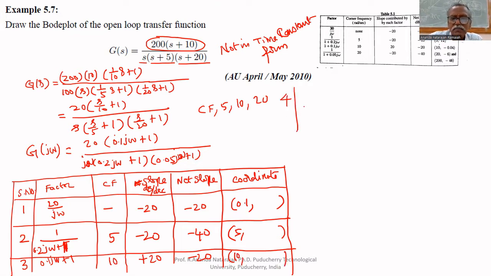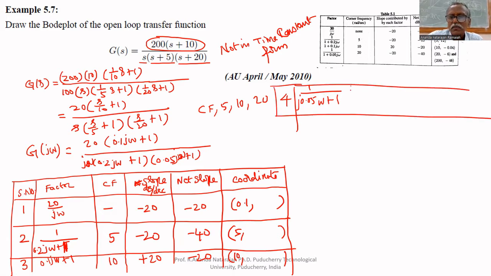The fourth factor is 1 upon (0.05 jω + 1). The corner frequency is 20. The slope contributed is minus 20. Therefore, net slope is minus 40. And the coordinates 10 comma and 100 comma. Finally, 2 coordinates we have to find. That's all.